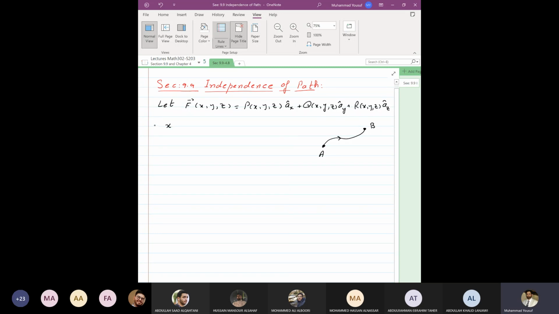So the curve, let's say the curve name is C or L, whatever you call it.